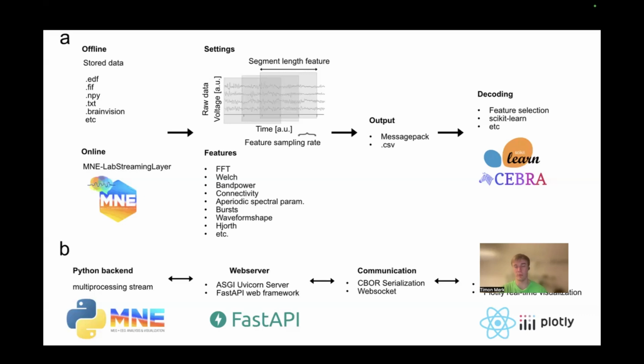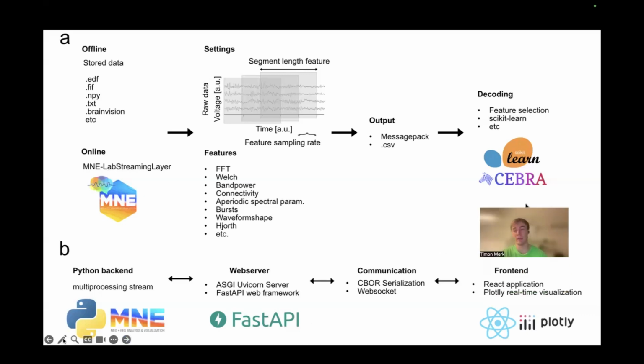This is done through a FastAPI backend. A web server is hosted, and in real time, raw data and features are communicated to the front end through WebSockets. We then have a React application, and we also make use of Plotly real-time visualization to plot raw data and features.